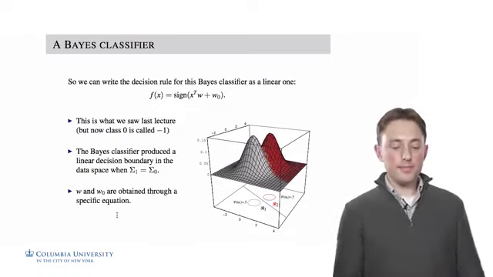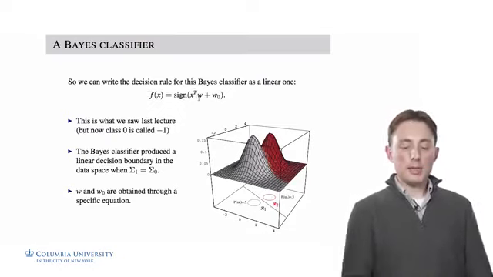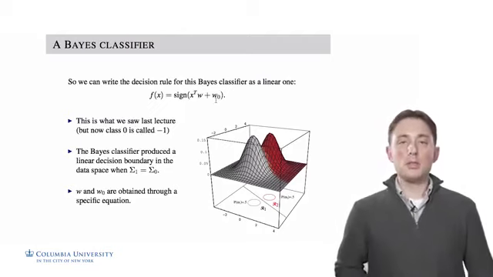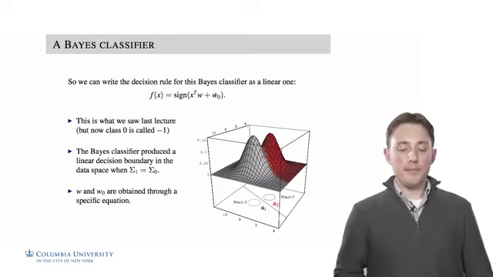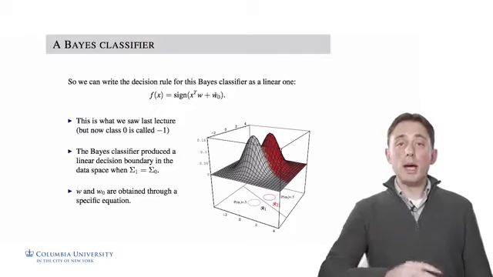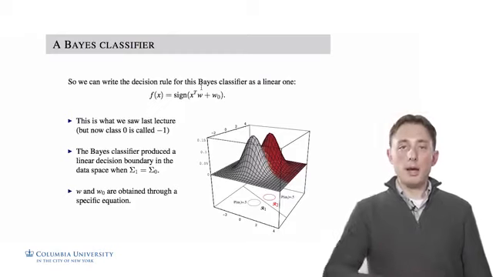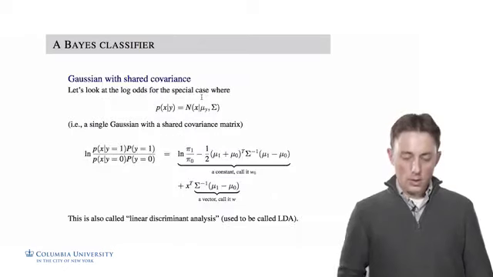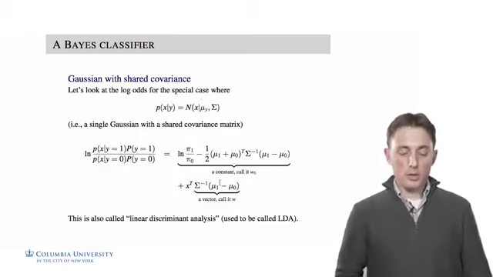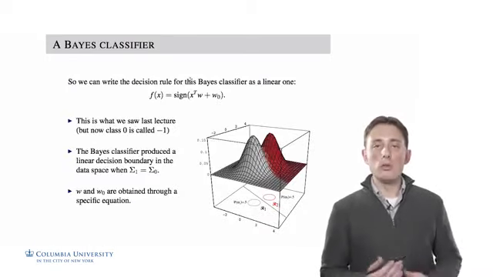We declare our classifier to be equal to the sign of the dot product between x and some vector w plus some constant w naught. So we calculate x transpose w, add a constant, and then we declare the class to be the sign. Previously it was 0, 1. In this case, we're back to plus or minus 1. And the value for w is calculated in this way, and the value for w naught is calculated in this way. So our Bayes classifier, our decision rule, has this type of form.